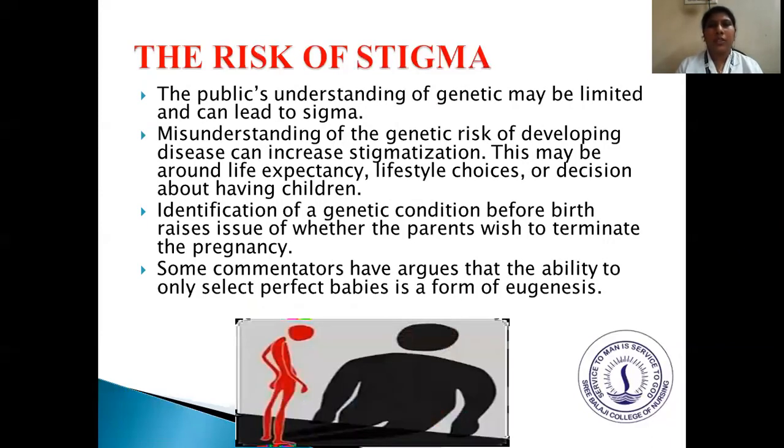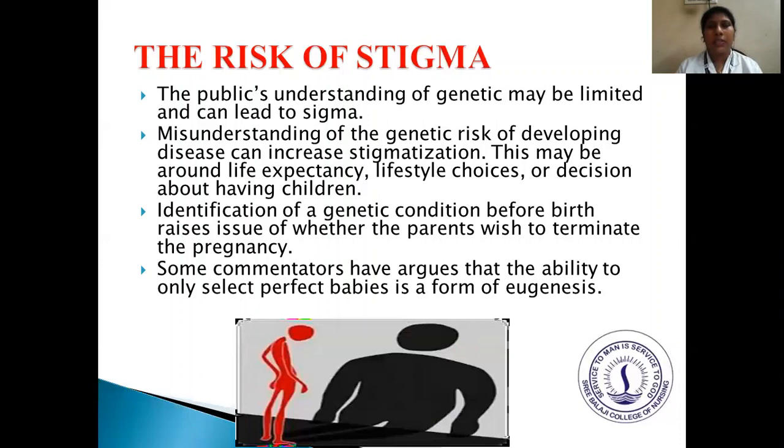The risk of stigma. The public's understanding of genetics may be limited and can lead to stigma. Misunderstanding of the genetic risk of developing diseases can increase stigmatization. This may be around life expectancy, lifestyle choices, or decisions about having children.